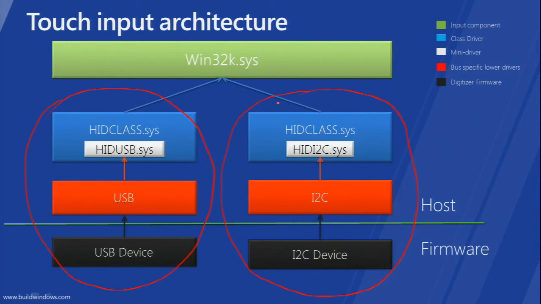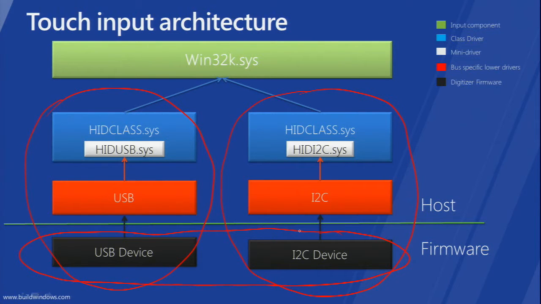So essentially what's going to happen is IHVs will only need to worry about writing the firmware, as I said earlier. The only portion of this architecture where the IHVs will have their code will be in firmware, and everything else will be handled by Microsoft.